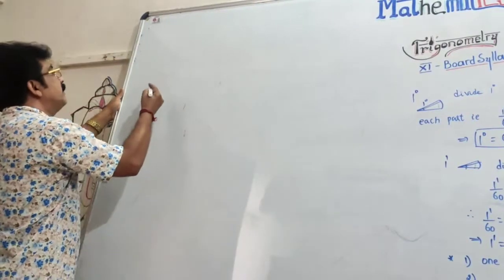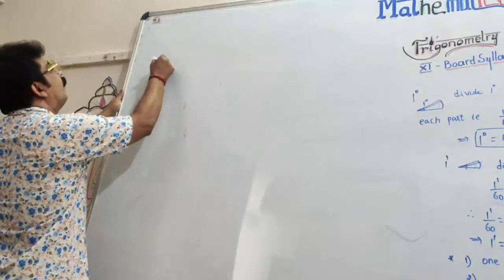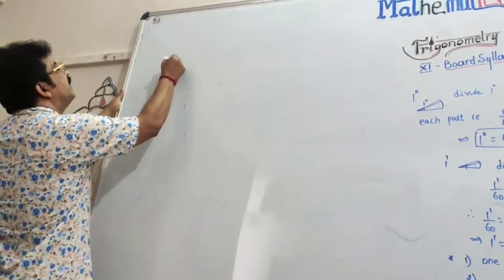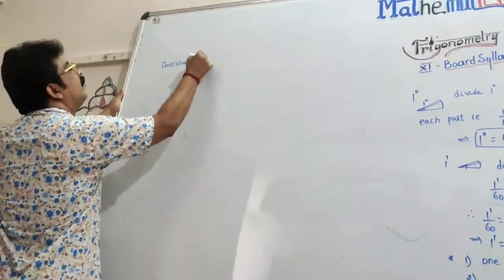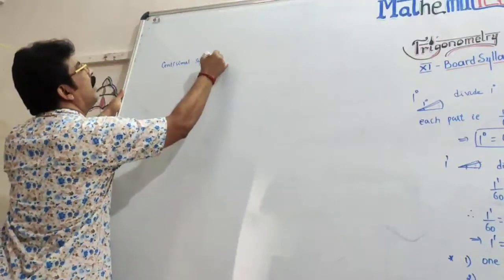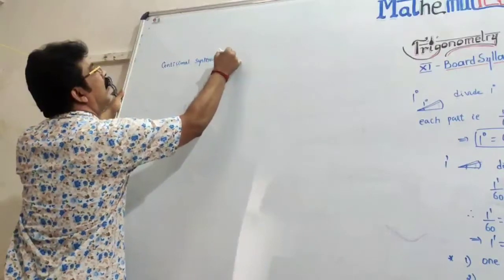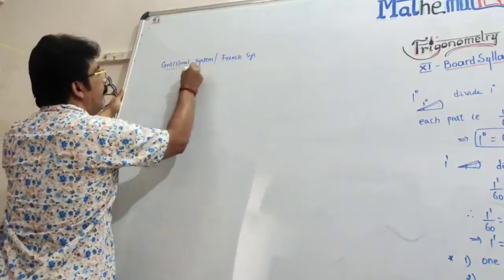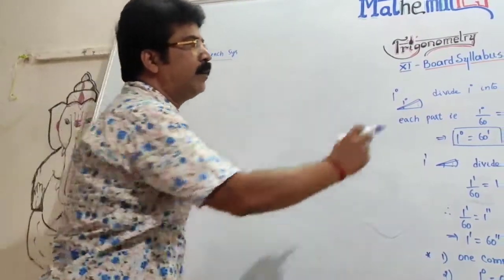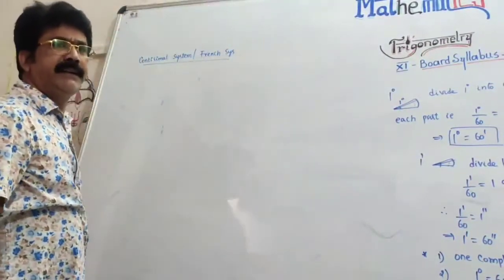Next system, centesimal system, or French system. Already we know about a right angle, 90 degrees.